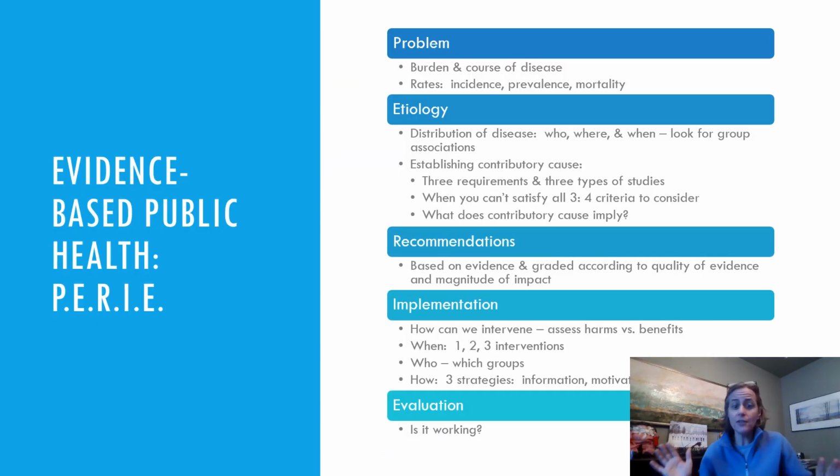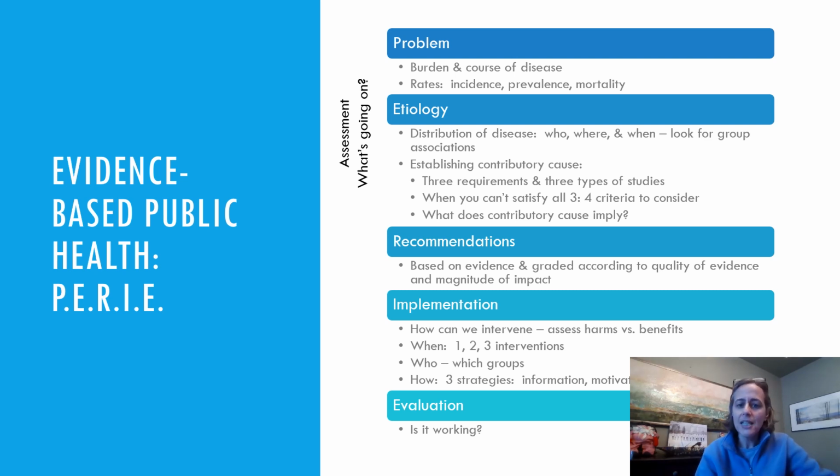So this is a really busy slide, and I created it because you can use it to review later. In the meantime, I just want to show you that this kind of identifying the problem and discovering the etiology or causes of the problem is basically that assessment step that we talked about before, identifying what is going on, what is the situation.